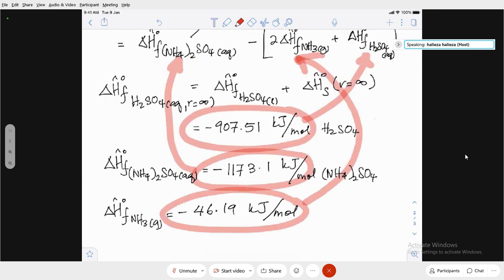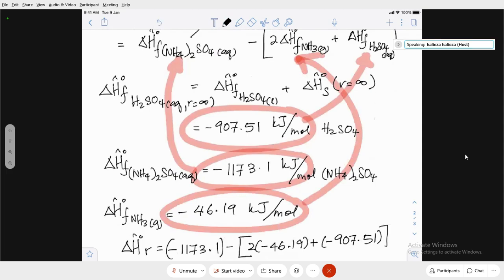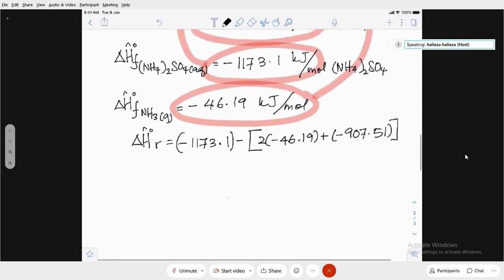Okay. Now let's do the substitution. The heat of reaction is equal to the heat of formation of your product, minus 1173.1, minus the reactant. This is your product. The reactant is 2 times that of ammonia, minus 46.19, plus that of sulfuric acid, minus 907.51. Then you have calculated it, we should be getting the heat of reaction.